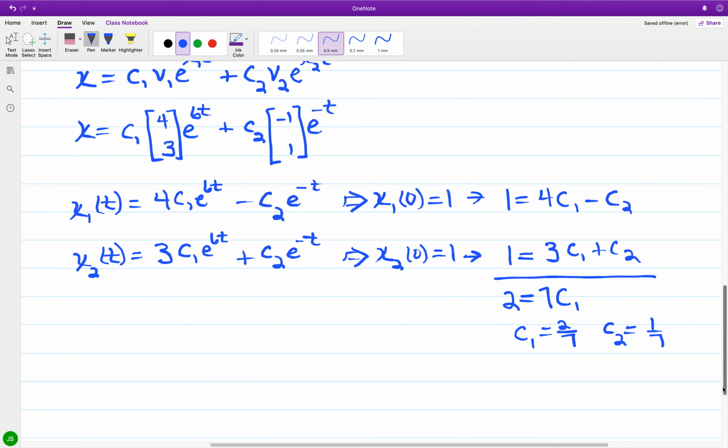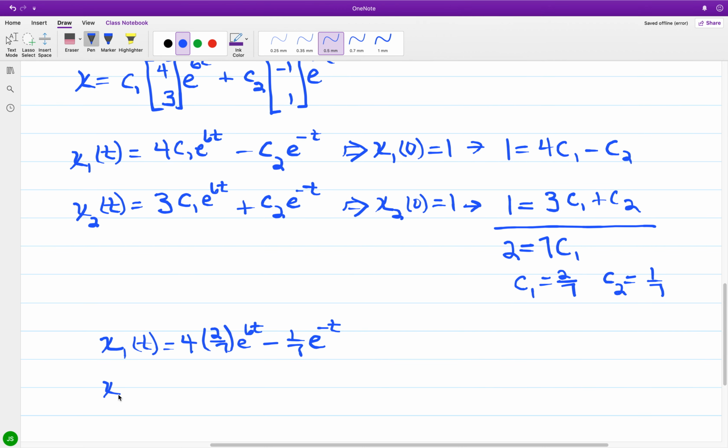And so what's going to happen is that for x1 of t, you have 4 times c1, so 4 times 2/7 times e to the 6t, minus 1/7 of e to the negative t.